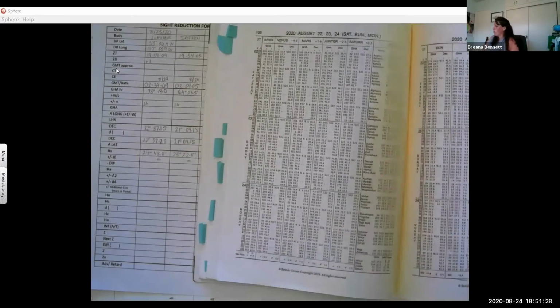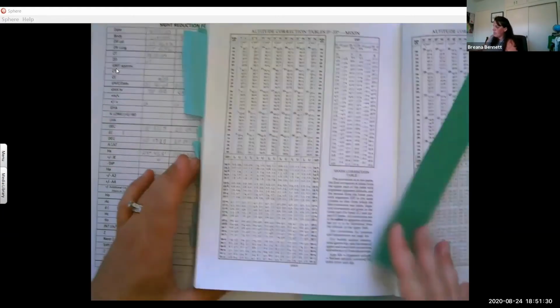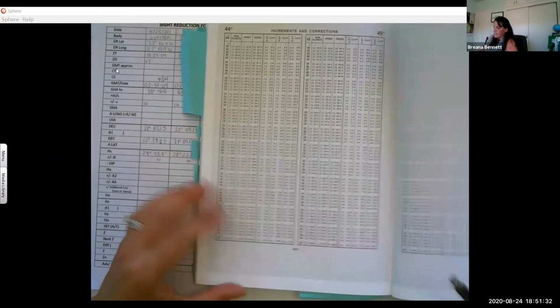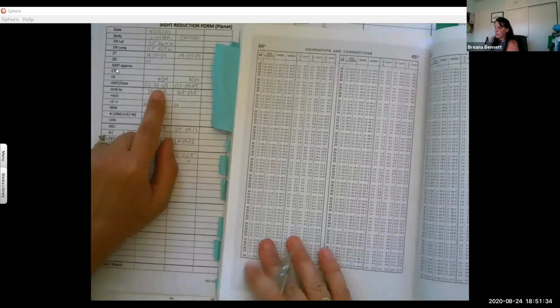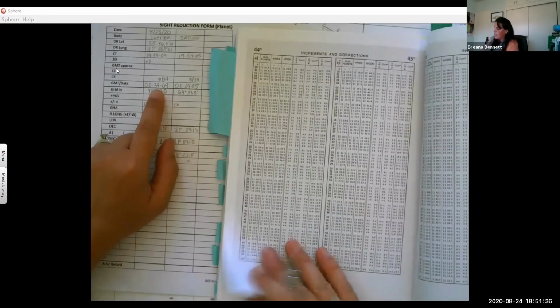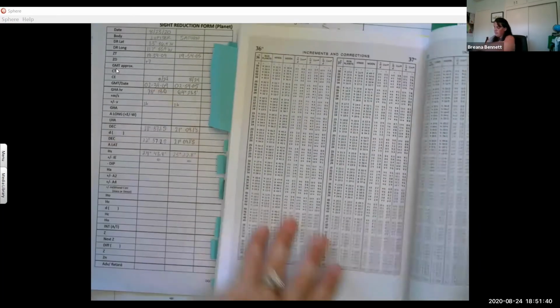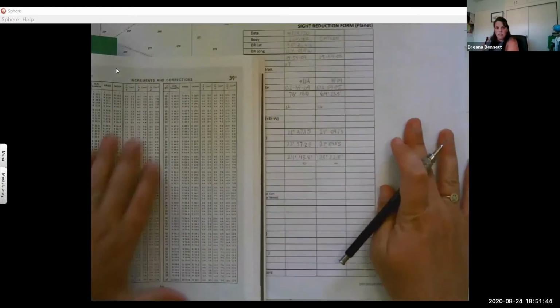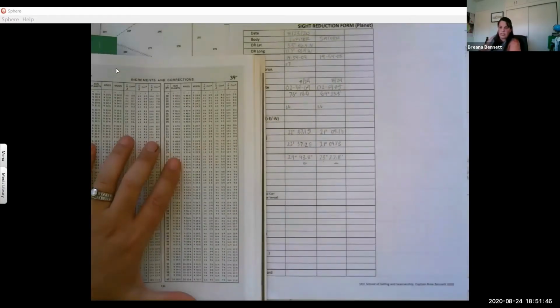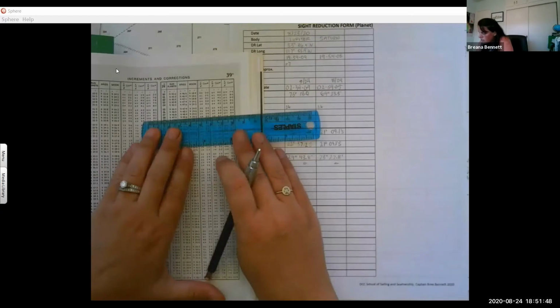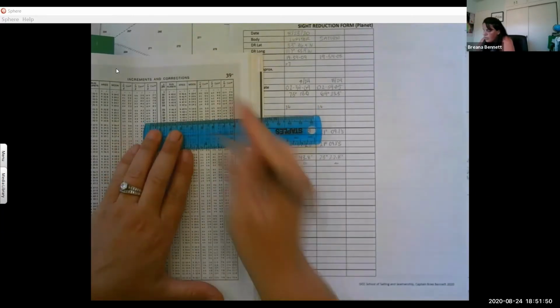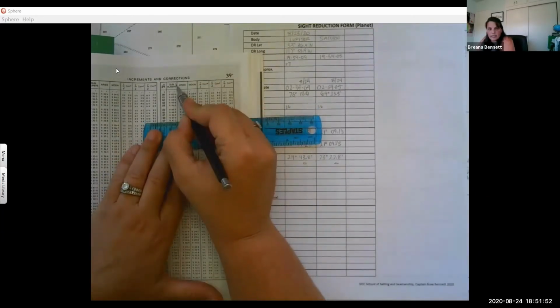Now we're going to go to our increments, our minutes and seconds. So our first one was at 39. So here's our 3909. 3909, and we're on sun and planets.